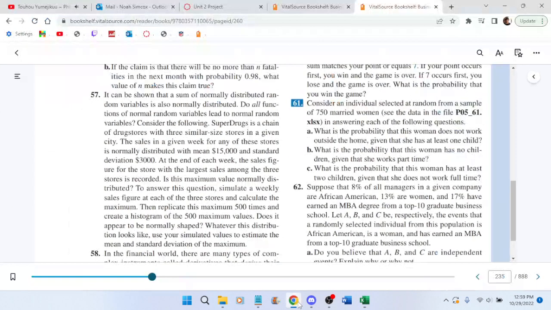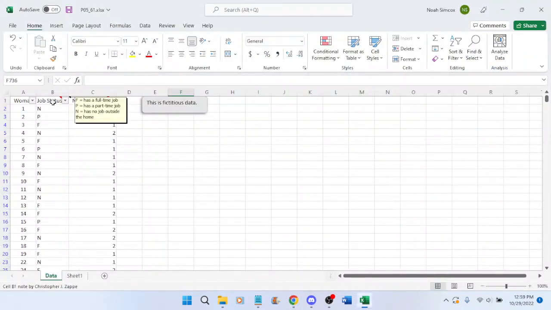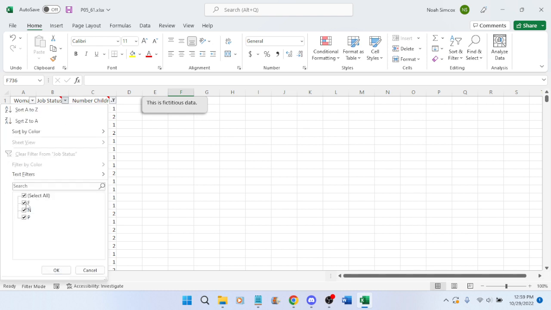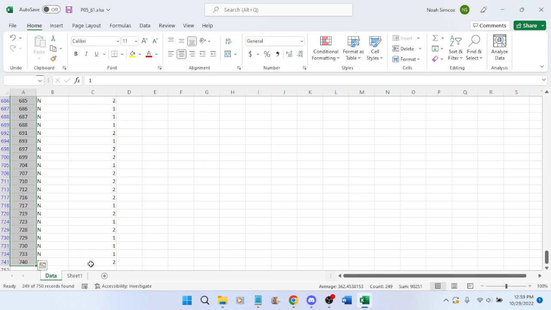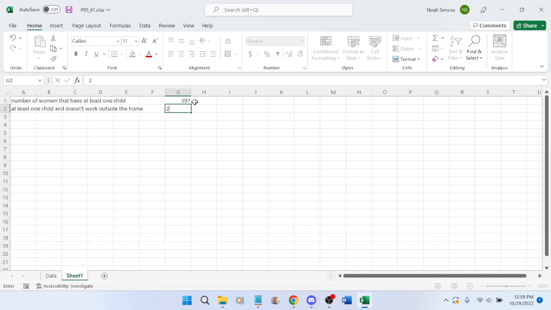So, that means we deselect F and P. We only want N, which is no job outside the home. So now we have a number of results. So it looks like 249, but let me just double check. Yes, 249.